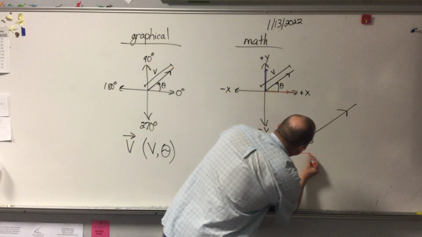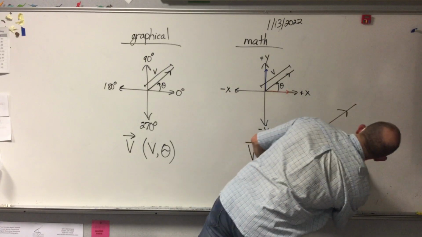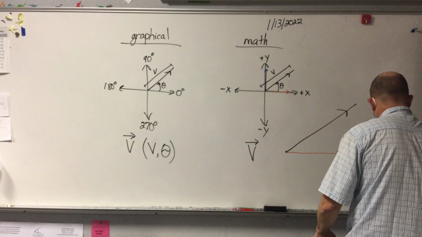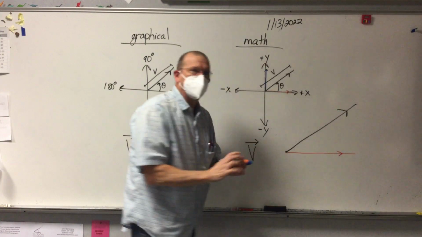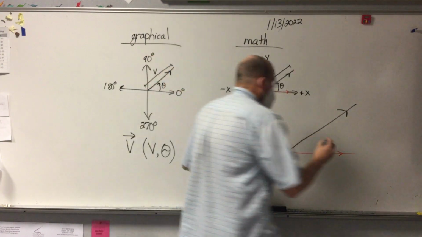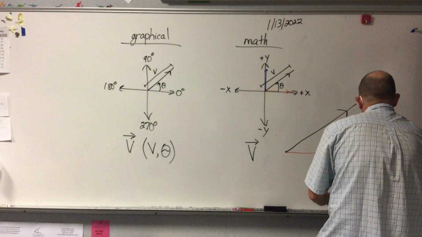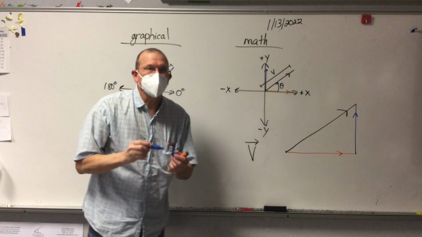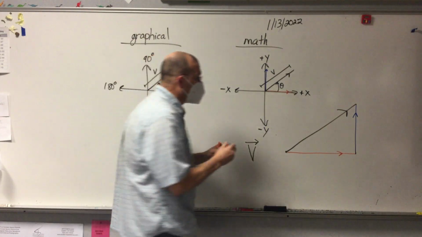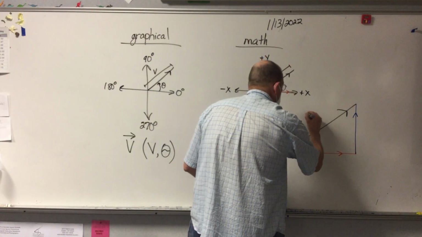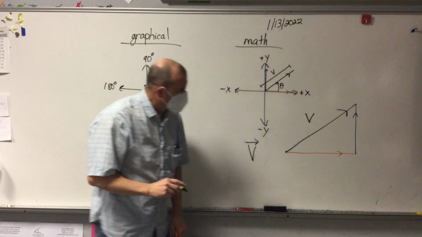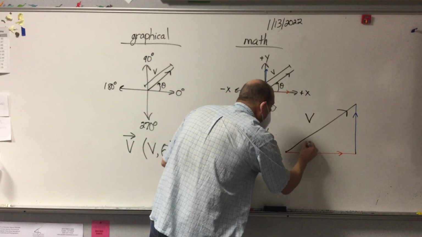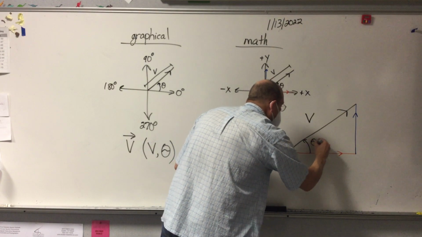Which means the orange one would be there, and the blue one would be there. So this is our length. This is our angle.